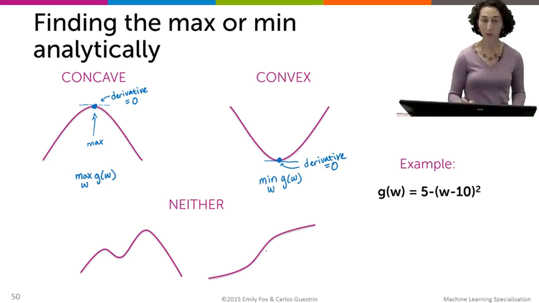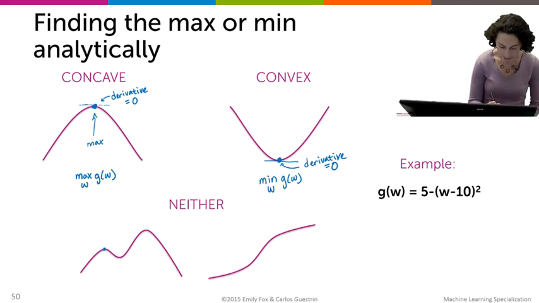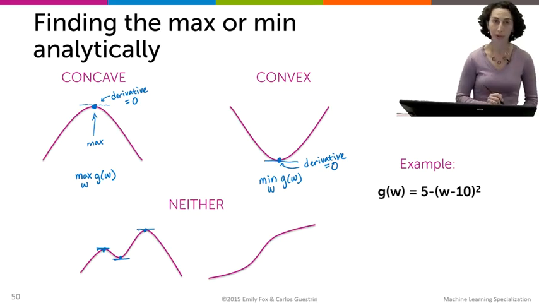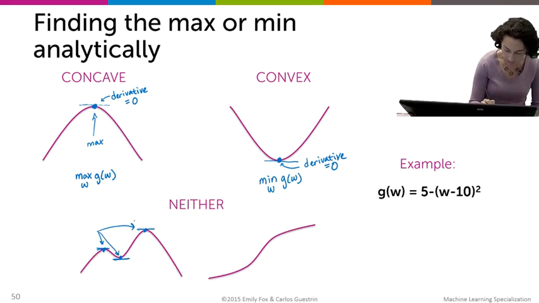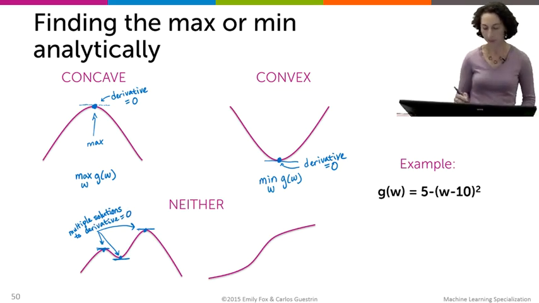In contrast, when we look at the two examples of functions that were neither concave nor convex that we showed on the previous slide, what we see is, in this case, for example, there are multiple locations where the derivative equals 0. So let's write that explicitly and say that there are multiple solutions to derivative equals 0.